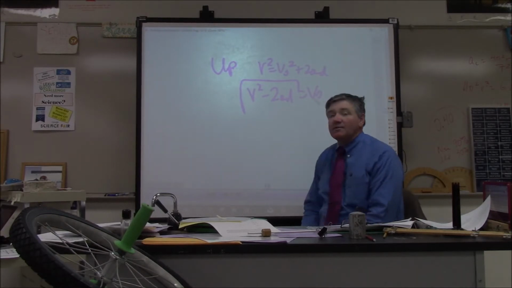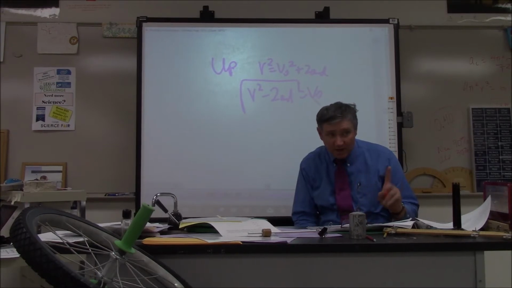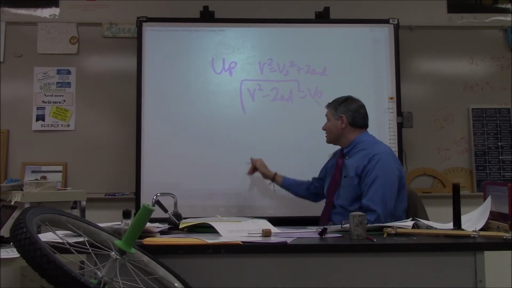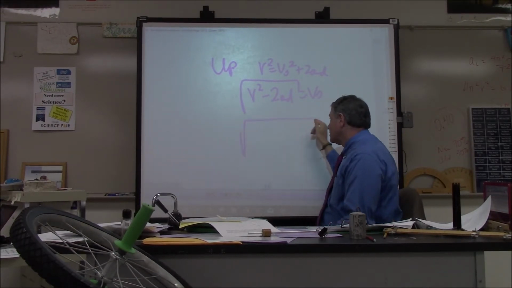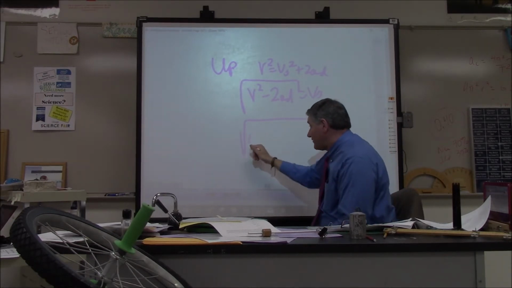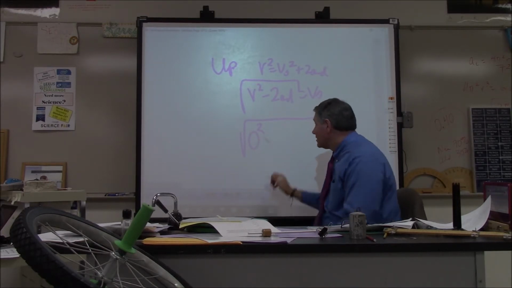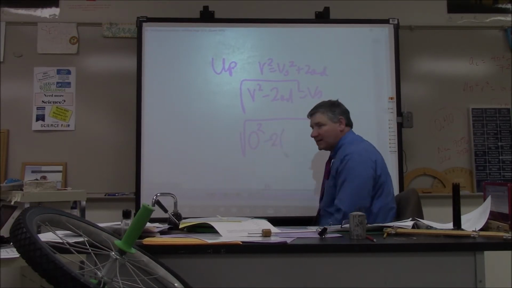Now, this is a situation where you want to leave everything in here. Do not shortcut this. So on the way up, what's my final velocity? 0. Okay, I've got to have that in there. Minus 2, what's my acceleration?